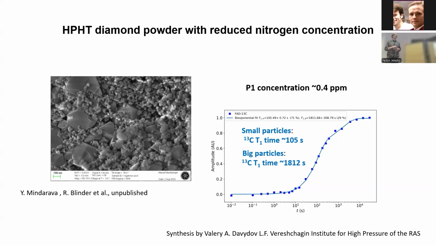For larger particles, we have a relaxation time of nuclear spin about 1.8 thousand seconds, so you have half an hour before your polarization leaves. And for smaller particles, we believe it's this short component. It's about a couple of minutes, but this is the time this nuclear spin polarization remains. This is the time, if you think about application of these nanodiamonds as a target for imaging, this is the time you have before you do your medical image.